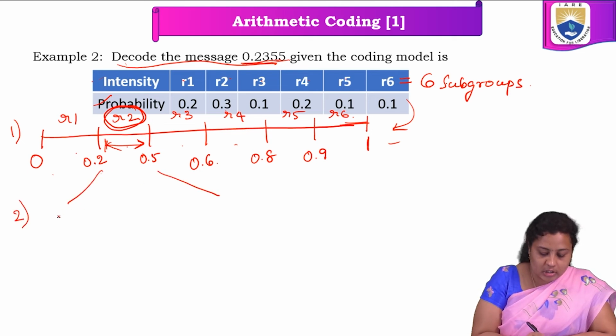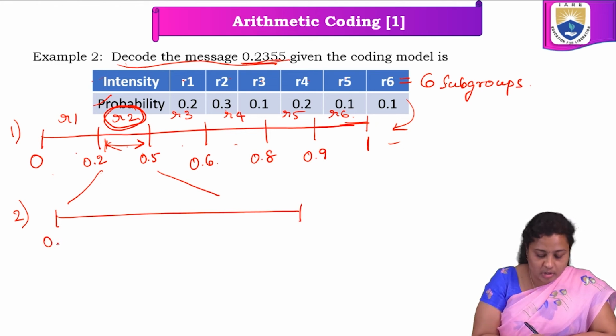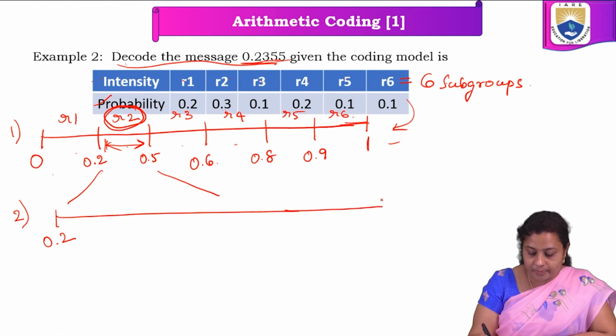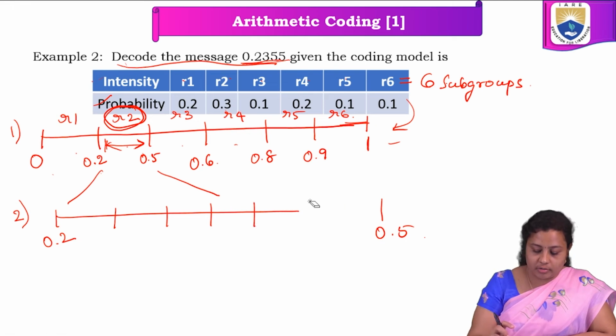In my second stage, the new range that I have to consider is 0.2 to 0.5. I have to divide it into 6 subgroups again. So 1, 2, 3, 4, 5, 6.